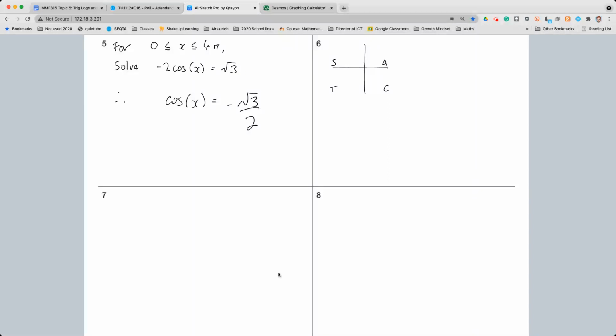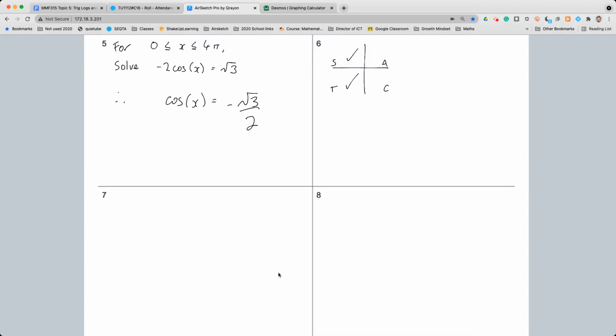S and T. Quadrant 2 and Quadrant 3. So you're not ticking off where cosine is positive because CAST gives you that. You're ticking off where you need to be. And if I've got cosine x equals negative root 3 on 2, then my angle needs to be here or here. So you're identifying where they need to be.